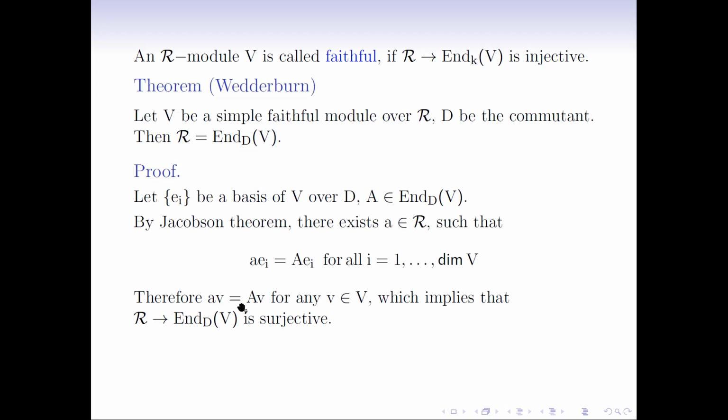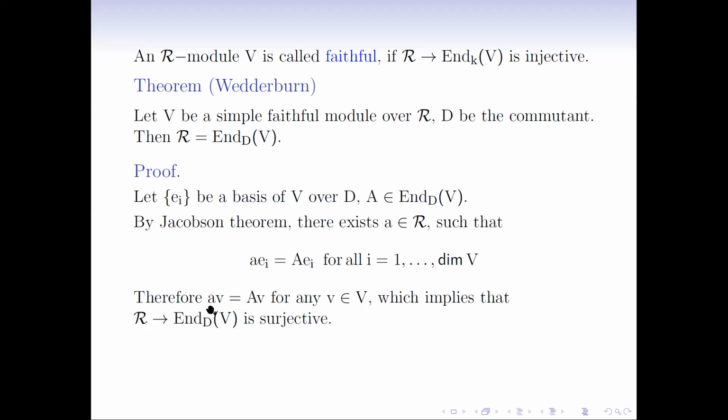Therefore, A V equals A capital V for all elements V, right? If we have a linear operator which coincides on the basis, then it must coincide, because every vector decomposes uniquely with respect to the basis. And then we use that A applied to the linear combination equals the linear combination of A applied to Ei, the basis. And this A small applied to the basic vectors Ei is the same as A capital applied to Ei.